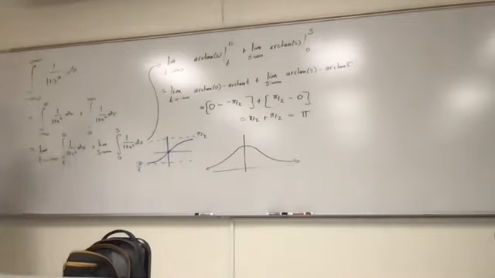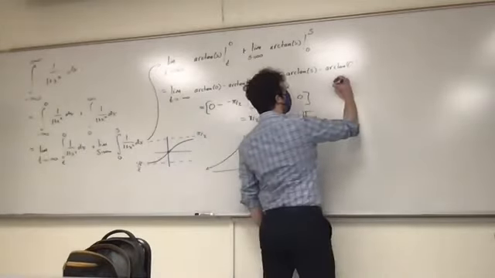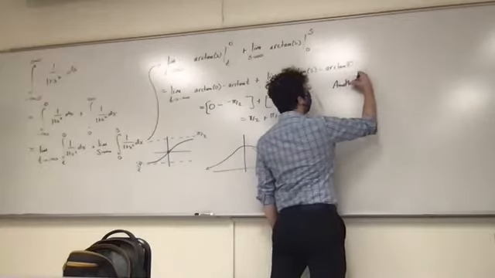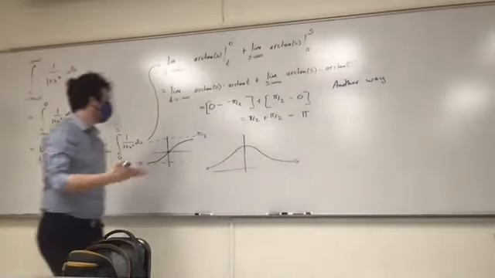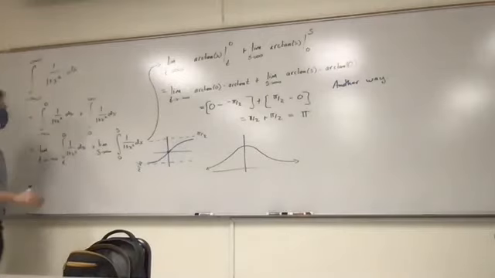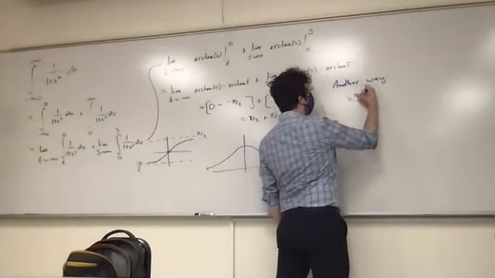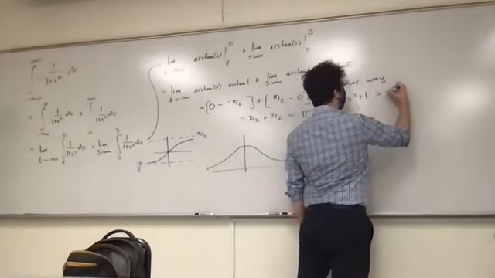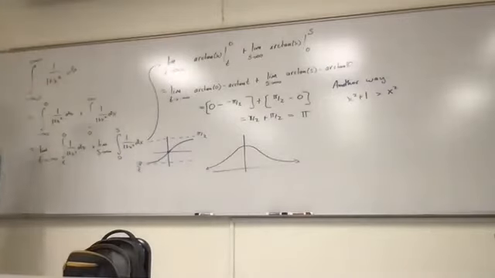Before moving on to something totally different, as a brief aside, another way of looking at this, that won't get us to this answer, but another way to analyze these integrals, would be that x squared plus 1 is bigger than x squared because it has a plus 1 on it, okay?